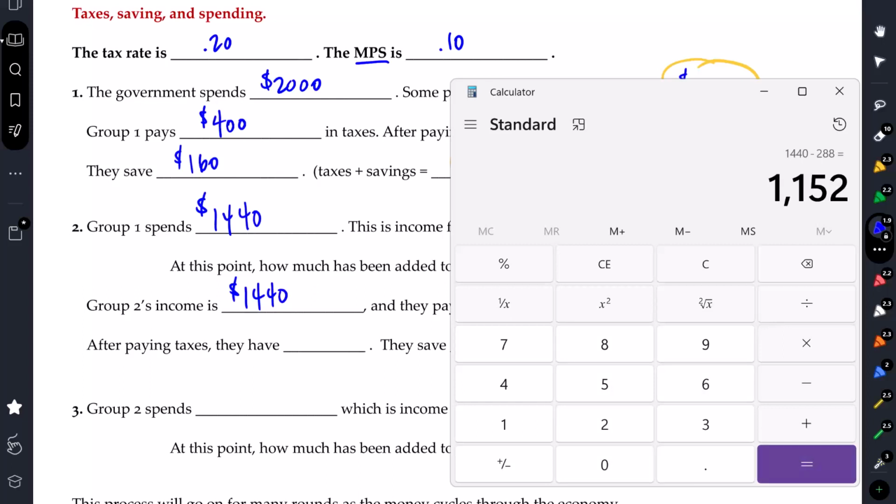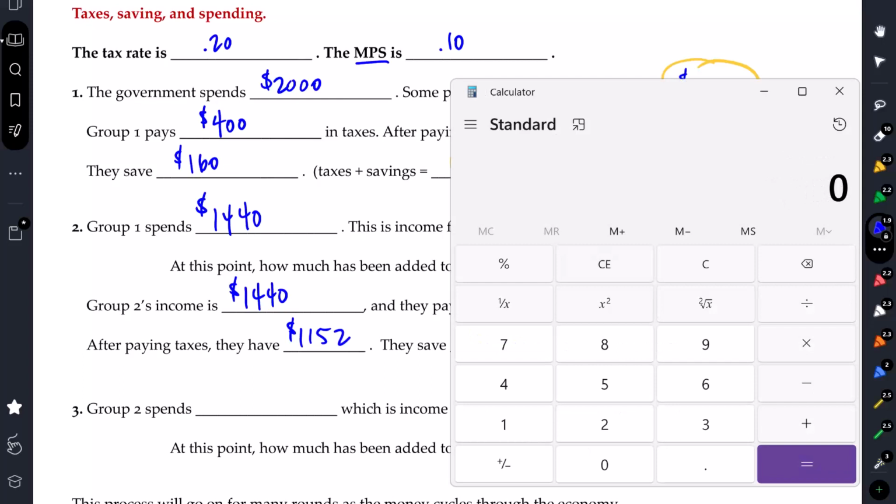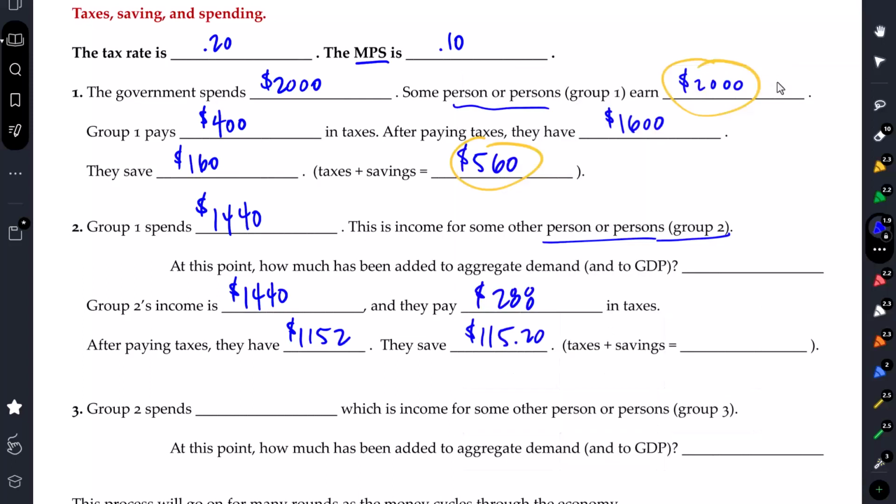After paying taxes, they'll have $1,152. They save 10% of that, so they save $115.20. Okay, so they're putting away, either in taxes or savings, $403.20.